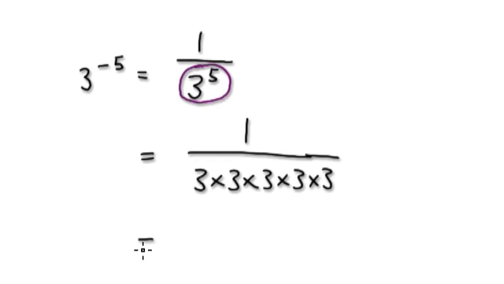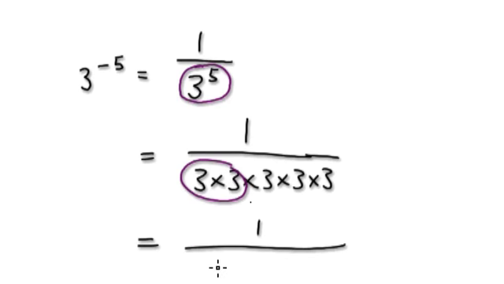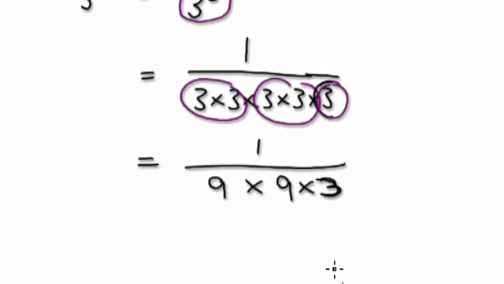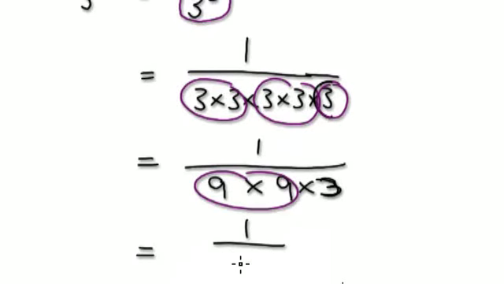So let's merge these two. That would be 9. Let's merge these two. That would be 9. Well, let's take this down. So that would be times 3. So that equals 1 over, let's merge these two together, 81 times 3.